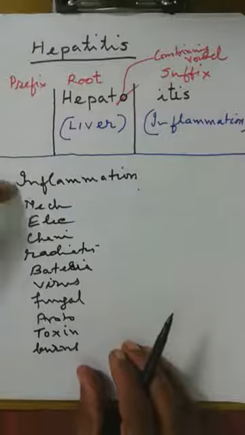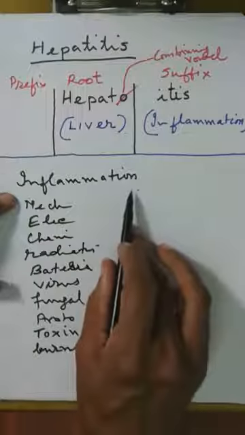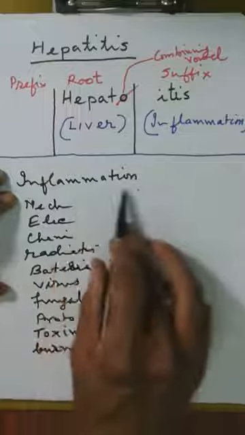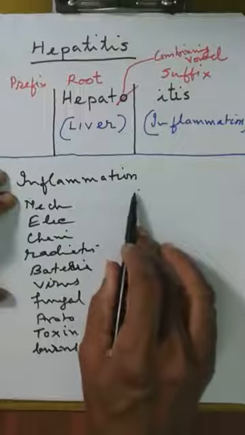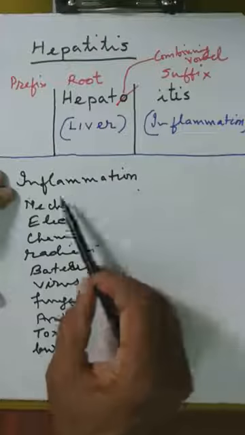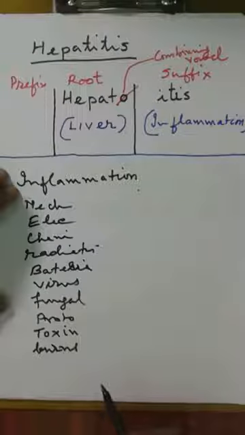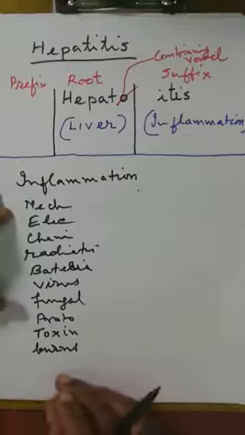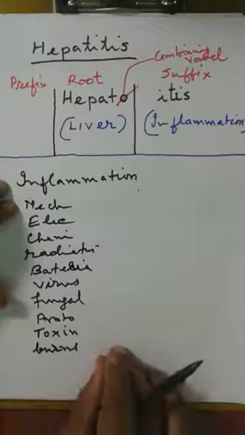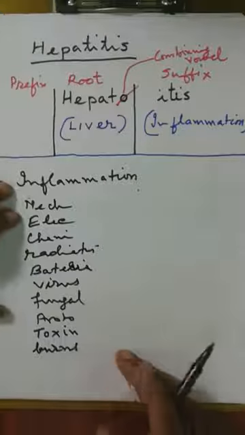Once again I say that inflammation is a response by our body system, or our immune system. Why is it responding? Because it will get angry. If it is injured, it will get angry. And that anger will be shown with some signs. Mainly 5 signs are important.